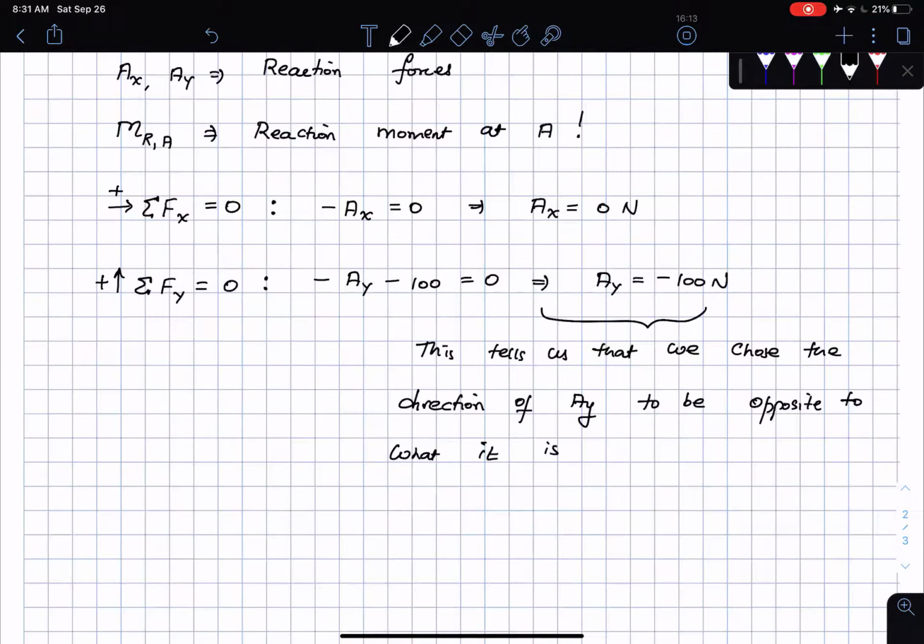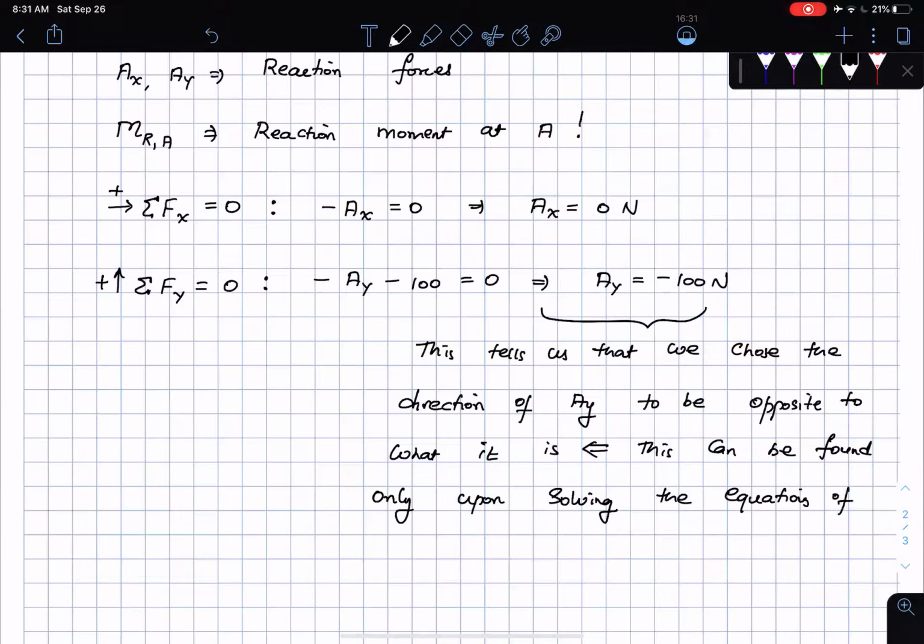Okay, and this can be only found out only upon solving the equations of equilibrium. And AX is equal to 0 Newton implies that there is no force in the x direction that is applied, so which means the reaction force is 0.